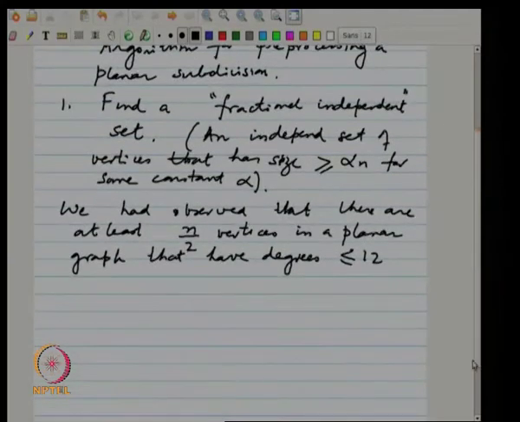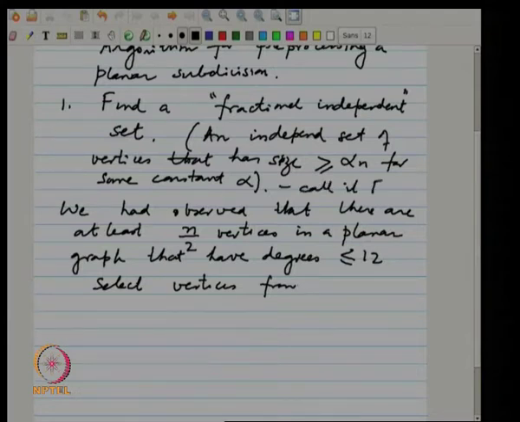So now we find a fractional independent set, call it F, the set of vertices that we want to construct.